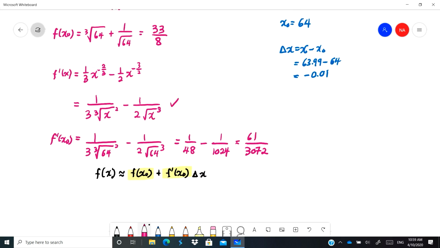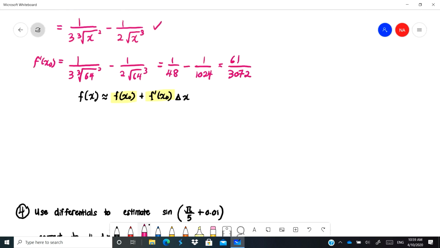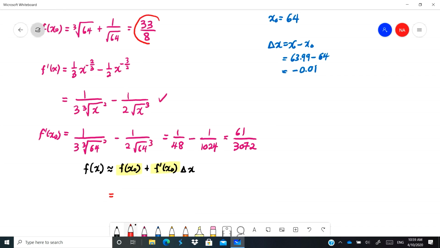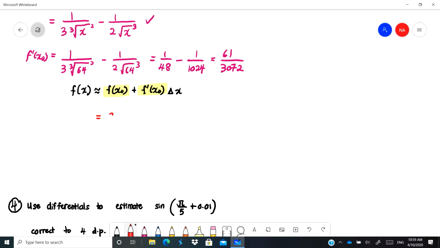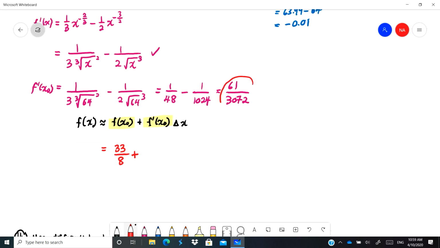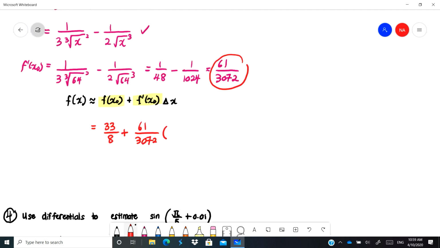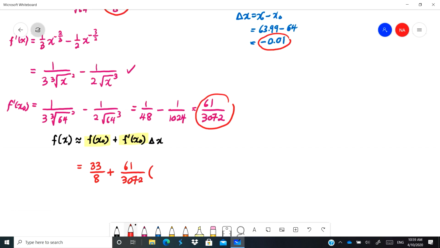All right, so substituting these into the formula, so we'll have something like this is equal to f(x naught), which is given here, so it's 33 over 8, plus f'(x naught), which is given here, 61 over 3072, and then we'll have to multiply with the delta x, which is given here, negative 0.01.